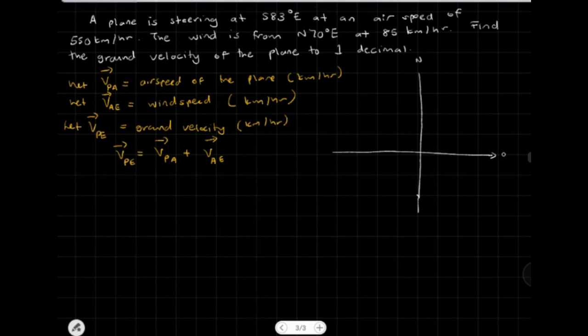So this is north, this is east, this is south, this is west. I'm going to use this interchangeably with positive y, positive x, and negative y. My airspeed is 550 kilometers an hour, and it's going south 83 degrees east.